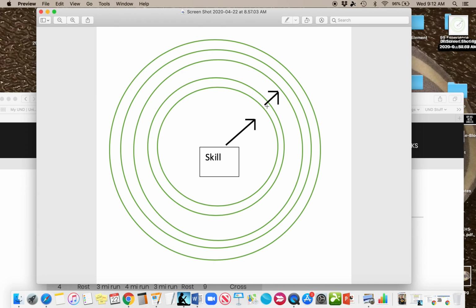You're always pushing the boundaries of each circle here to get better. Because if I just ran on my treadmill and only did 2 miles at, say, 5 miles an hour, I never would develop skills. Yeah, I maybe would get better at being able to run 2 miles at 5 miles an hour, but I really wouldn't be pushing anything. I just do it over and over again.